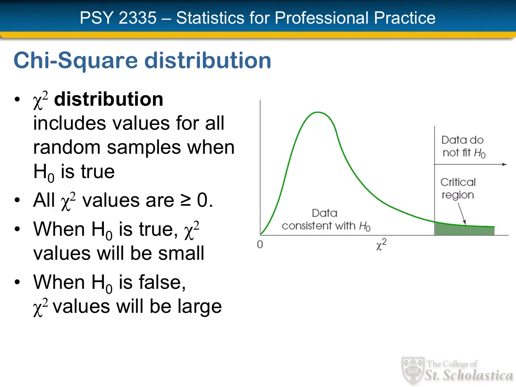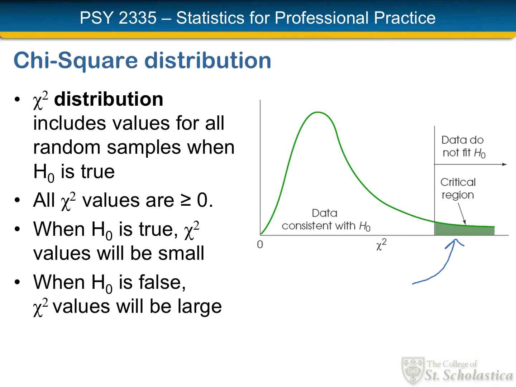Just as we've had in all of our other statistical tests, the chi-square distribution is a curve, and we are basically defining our p-value, our probability of getting a particular chi-square, as the part in the right-hand tail, and there's some critical value of chi-square.